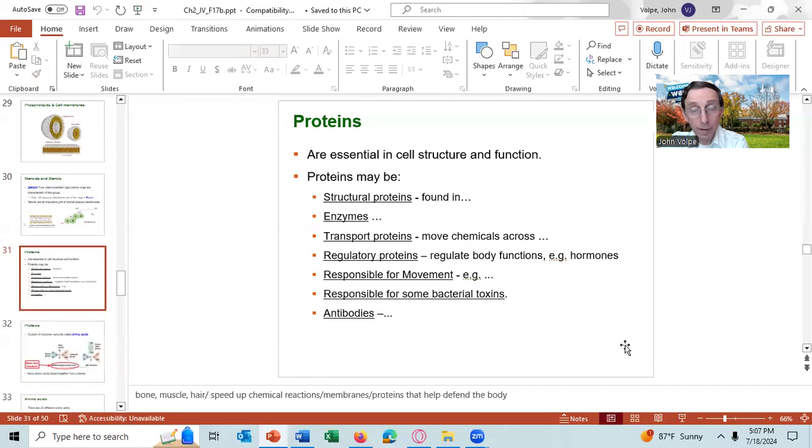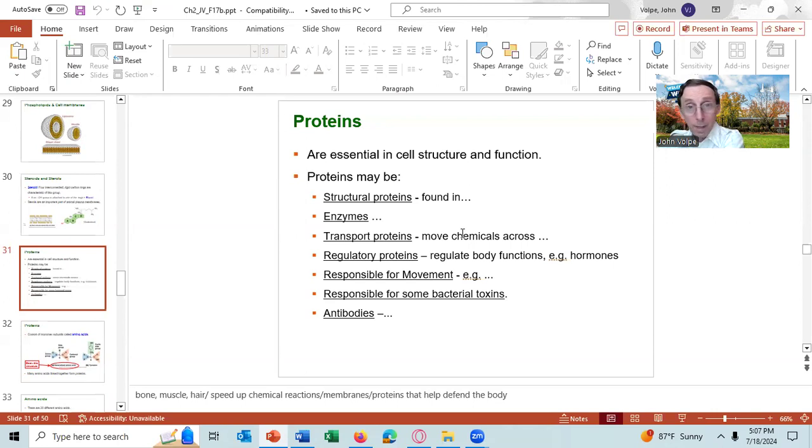All right, let's move on to the third group now that we're talking about. We talked about carbohydrates, we talked about lipids, so let's talk about proteins. Proteins are an essential part of cells, their cell structure, and proteins are very important in the functioning of cells and organisms.